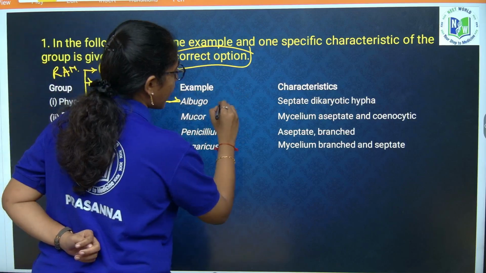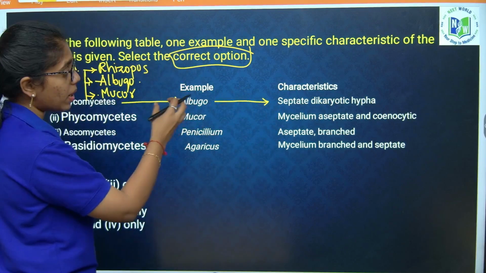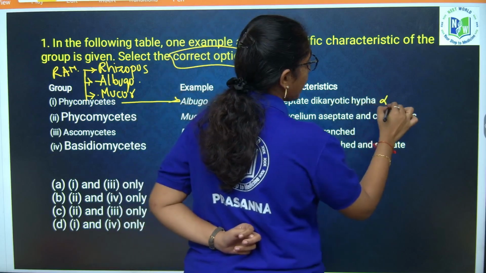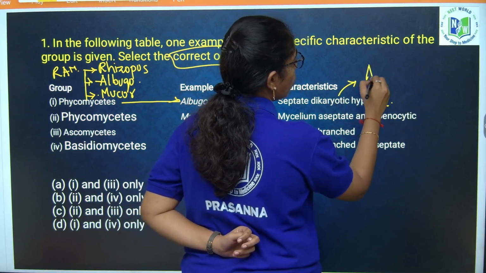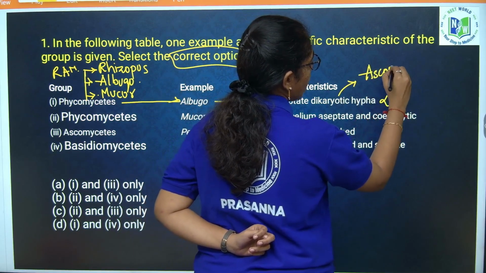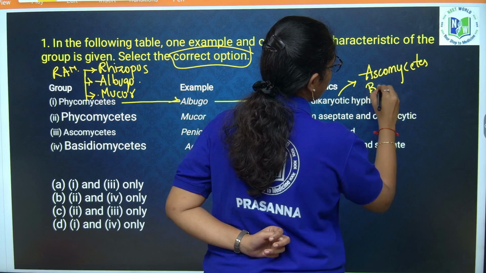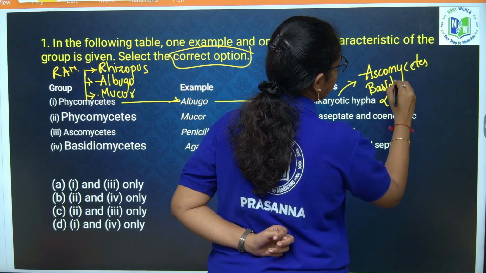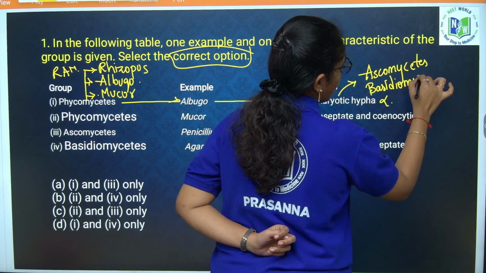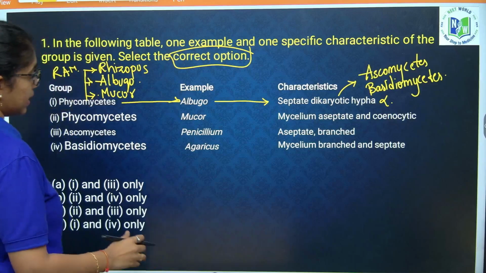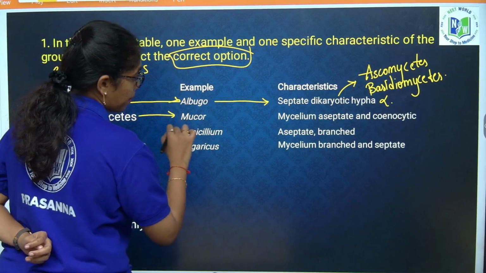And what characteristic did he say for Phycomycetes? Septate dikaryotic phase. Wrong. Septate dikaryotic phase you will see only in the Ascomycetes and Basidiomycetes. Ascomycetes and what, beta? Basidiomycetes. Clear, ma'am?